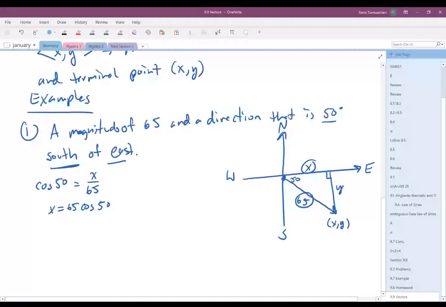And then we need to do the y. So for the y, the sine of 50 degrees equals y over 65, and so y equals 65 sine of 50.